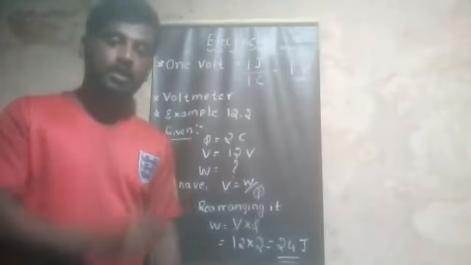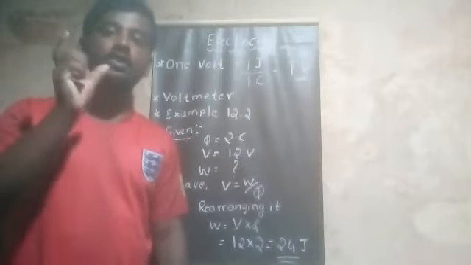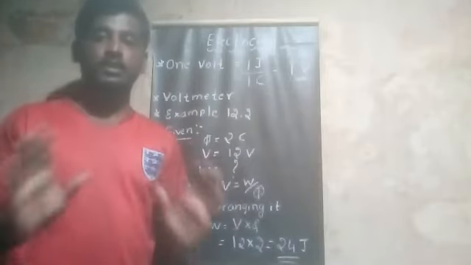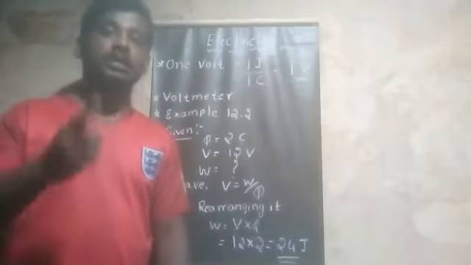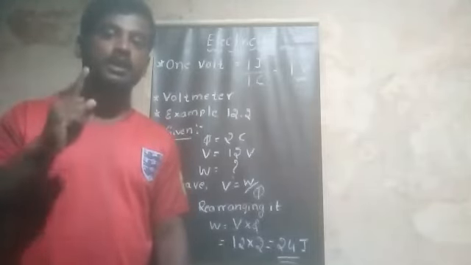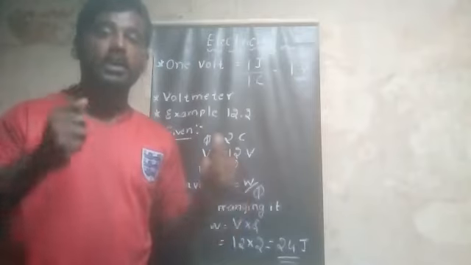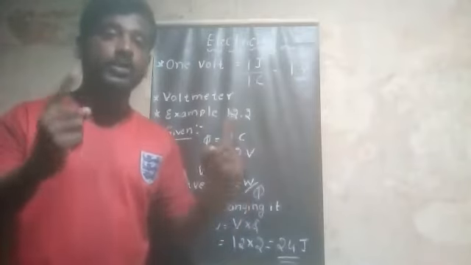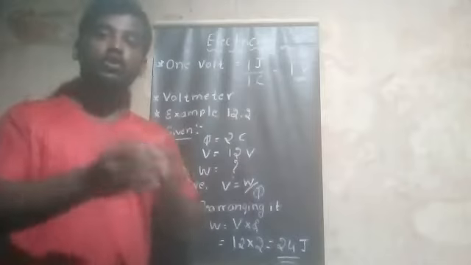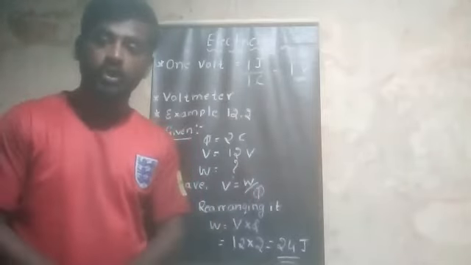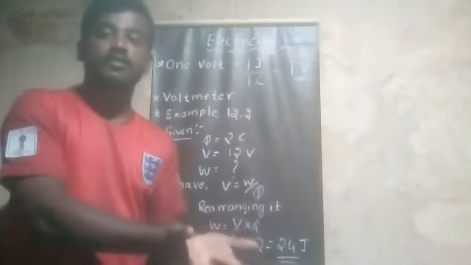And remember the point: a voltmeter is always connected in parallel in any circuit. An ammeter is connected in series, but a voltmeter is always connected in parallel because we are measuring the voltage between 2 points. We need not find the voltage across the whole circuit; that is identified by the battery.